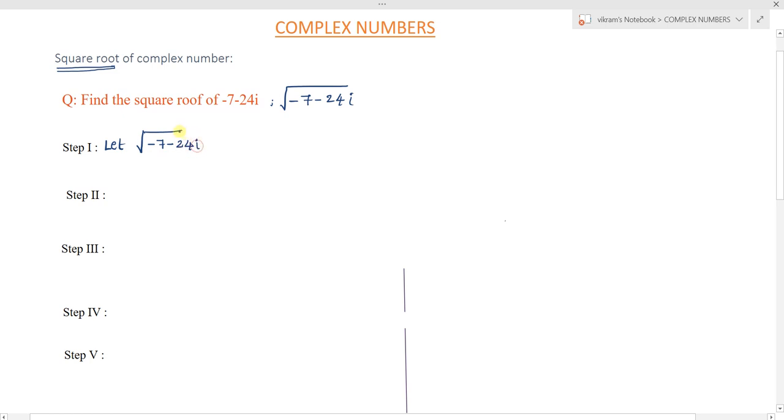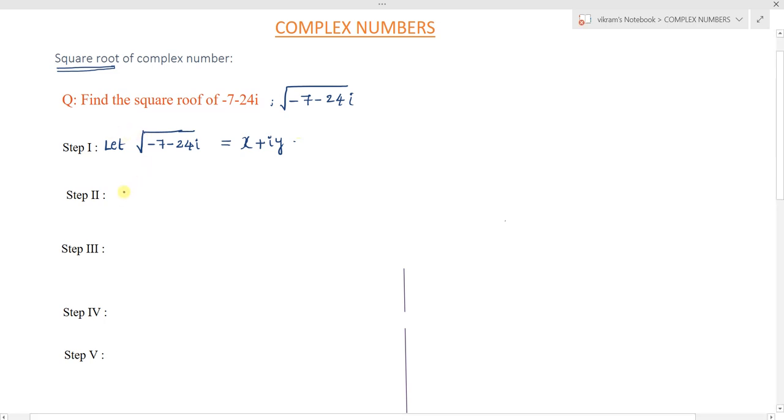The given complex number's square root is some other complex number, so we assume it is x plus iy.